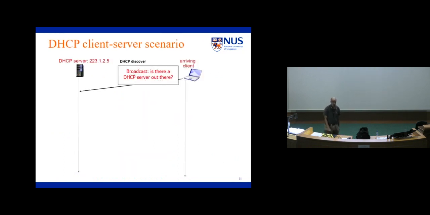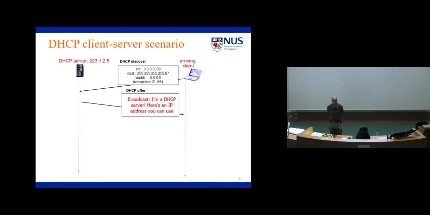It's basically a sequence of 4 interactions. First, when a new client comes in and wants an IP address, it sends out a broadcast aimed at DHCP servers asking for help. And any DHCP server which gets this message broadcasts back a reply with some offers of IP addresses.